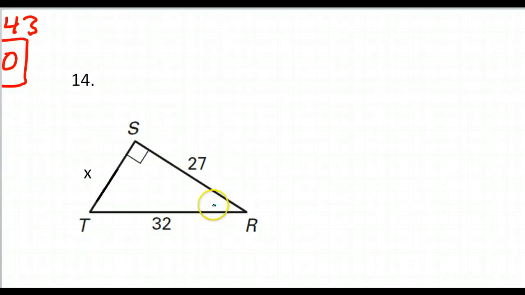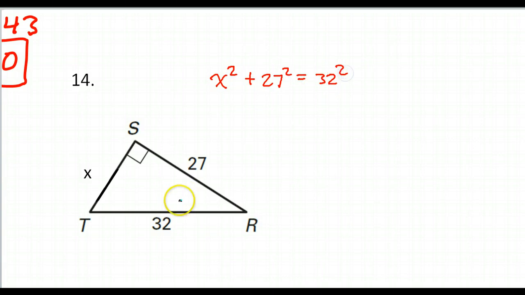Okay. Number 14 is practically the same thing. Let's start off with some Pythagorean theorem. So x squared plus 27 squared is equal to 32 squared. Notice the hypotenuse always goes by itself. I need to subtract 27 squared from both sides.